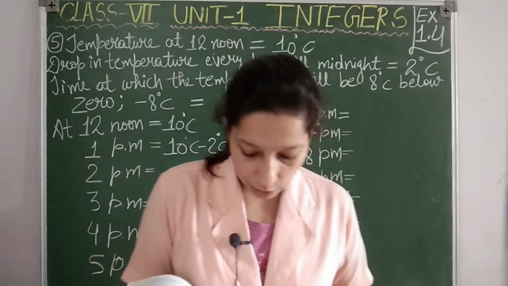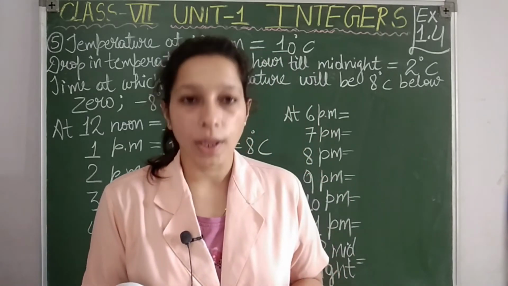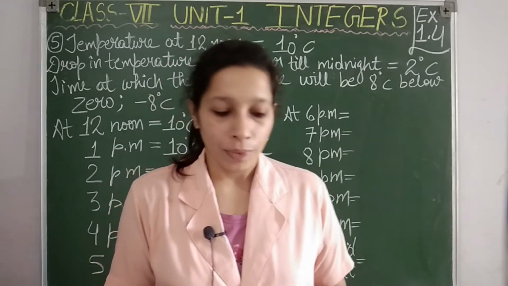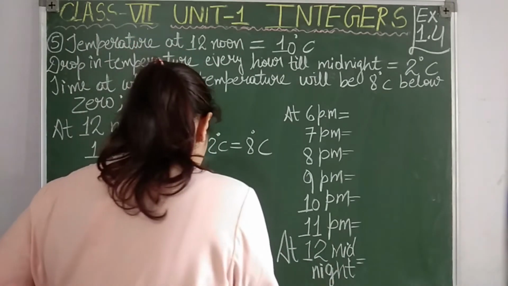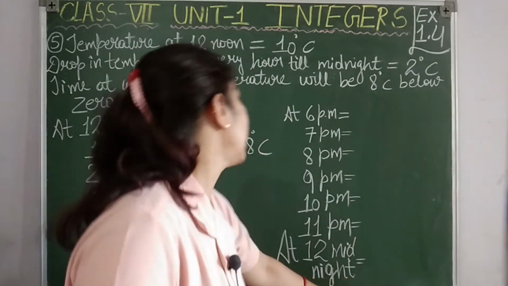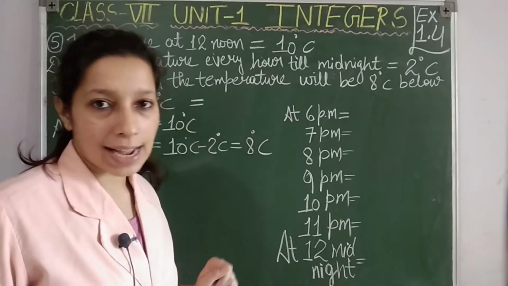Okay, students, in this question there are 2 parts, meaning 2 things you have to find. Let us understand the question in simple words. See, students, it is given that the temperature at 12 noon is 10 degrees Celsius.